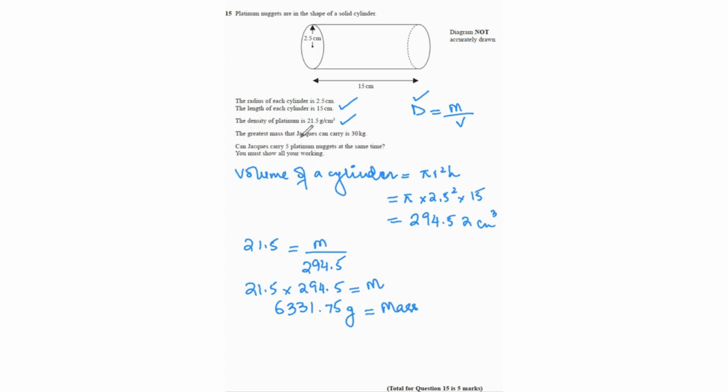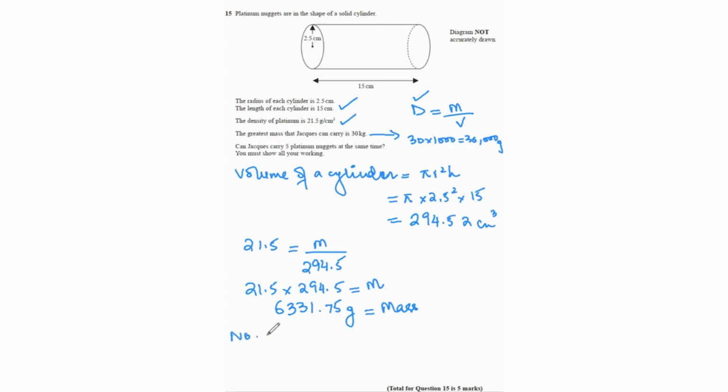Now, the greatest mass that he can carry is 30 kgs. We need to find, can he carry 5 platinum nuggets at the same time? So we can convert the 30 kgs into grams. That's going to be 30 times 1000, because 1 kg is 1000 grams, so that's 30,000 grams.